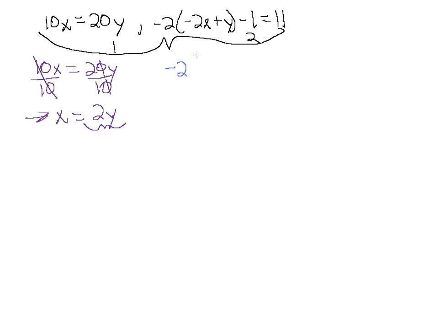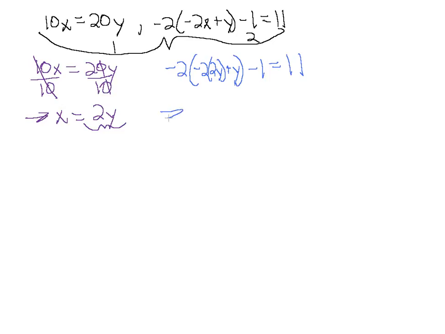So we have -2 times (-2 times x, which is 2y, plus y) minus 1 equals 11. All right, let's work inside out, with the work inside these parentheses.